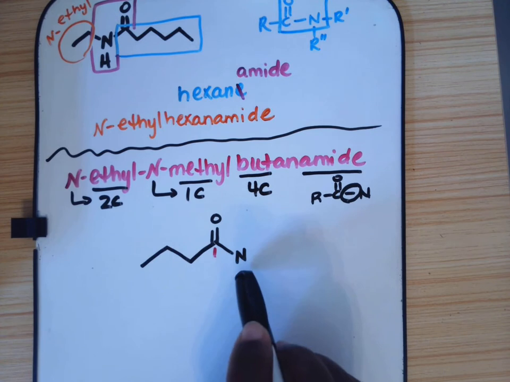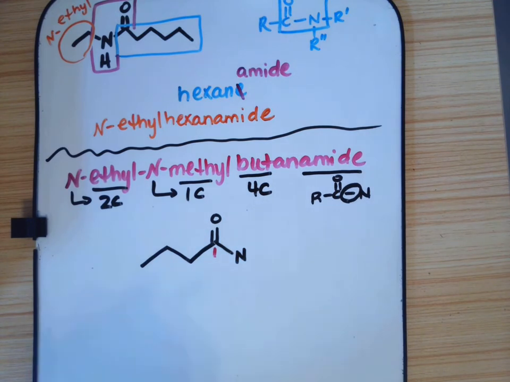Whether or not this nitrogen has 2 hydrogen, 1 hydrogen and a carbon, or 2 carbon, will depend on the substituents that are present. Look to see what substituents you have. Your nitrogen should have 3 bonds. And so if you only have 1 substituent and 1 bond to the carbon of the carbonyl, then you have 1 hydrogen.